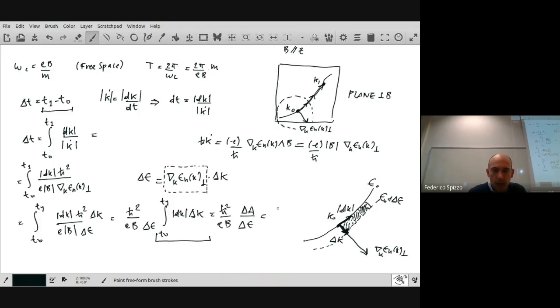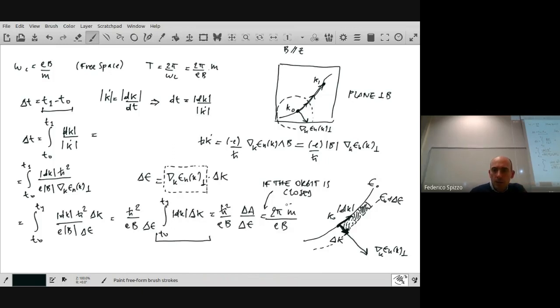One always tries to make this comparison. That is 2 pi times m divided by EB. So this holds if the orbit is closed, because only if the orbit is closed, you may define a sort of period.